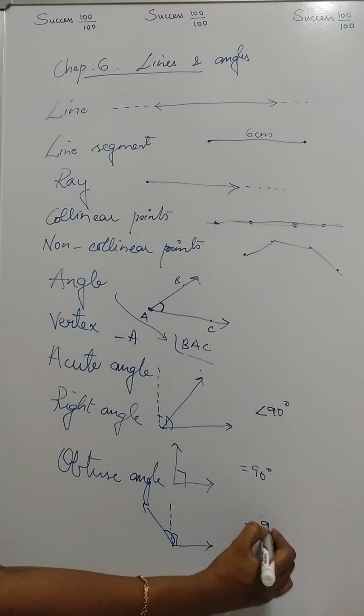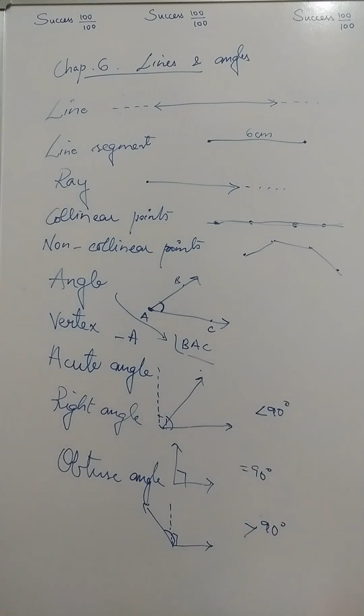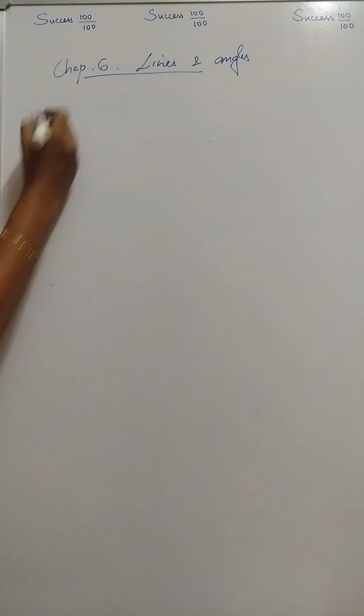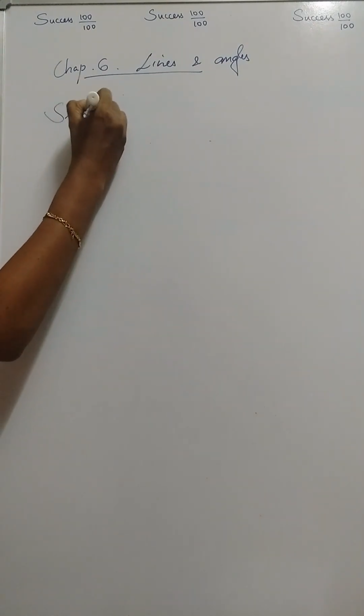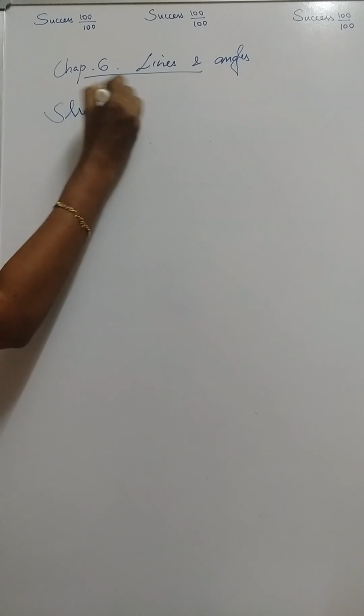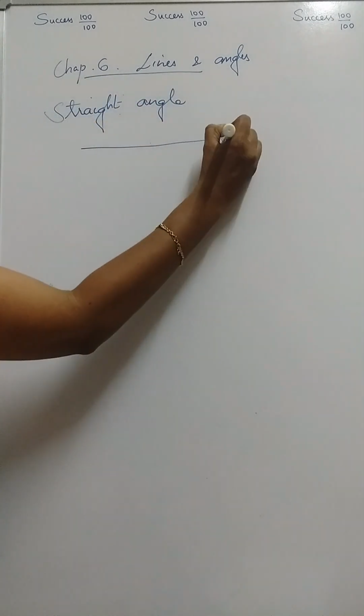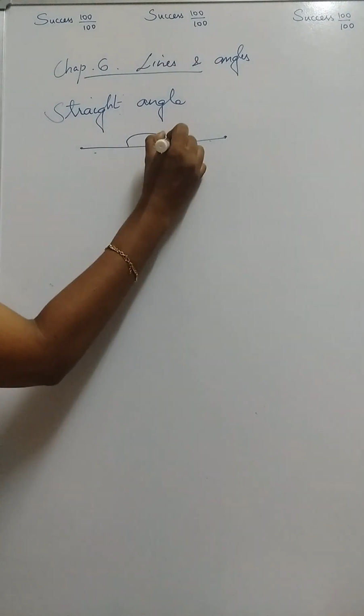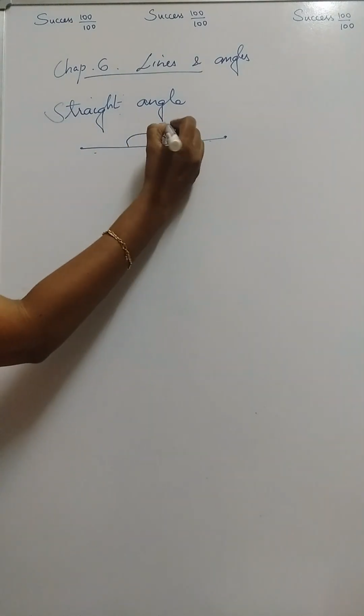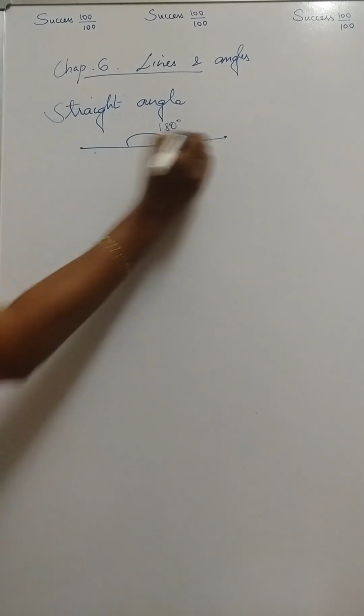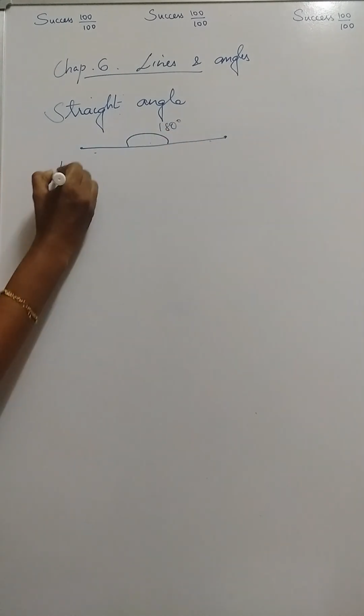Obtuse angle is greater than 90 degrees. The next is your straight angle. A straight angle is the angle formed on a straight line, which is equal to 180 degrees.